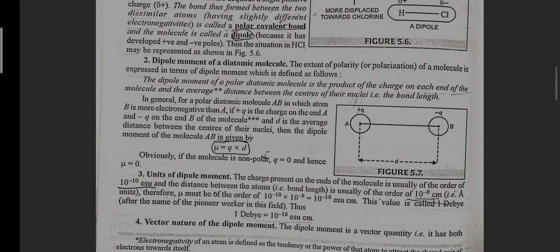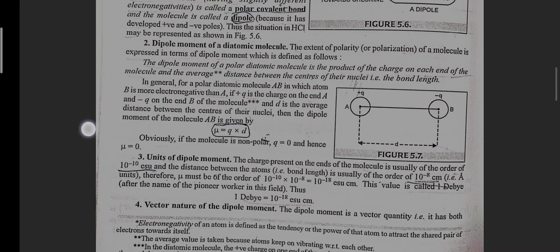The extent of polarity of a molecule is expressed in terms of dipole moment, which is defined as follows. The dipole moment of a polar diatomic molecule is the product of the charge on each end of the molecule and the average distance between the centers of their nuclei, that is the bond length.